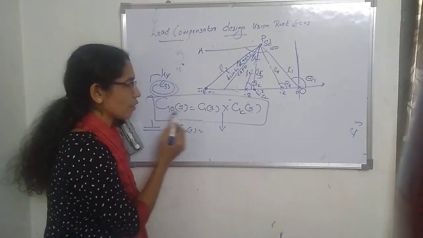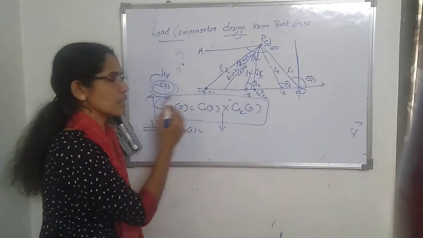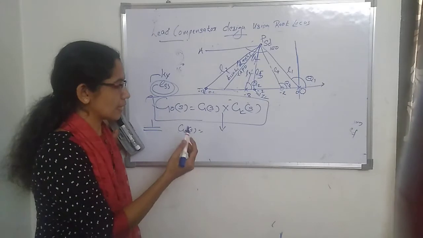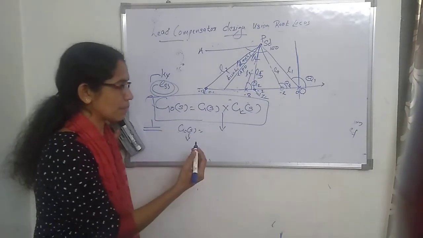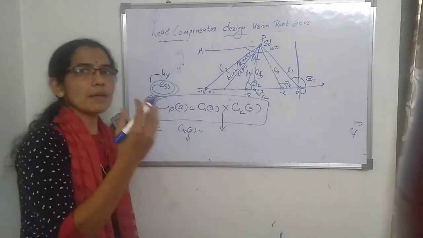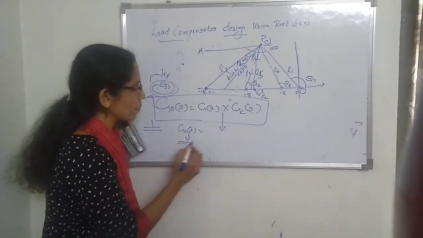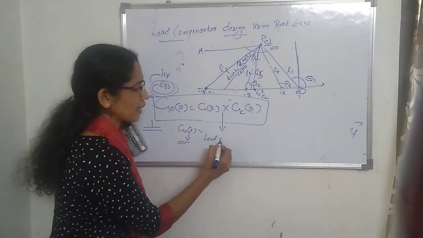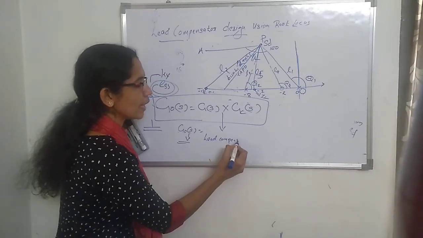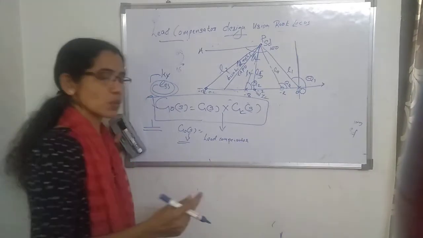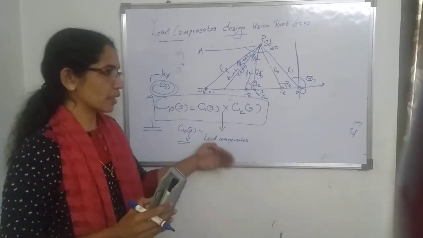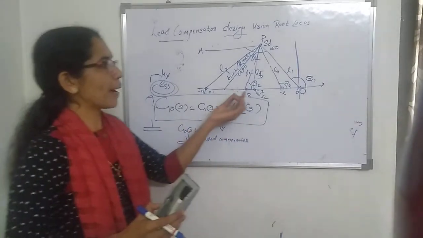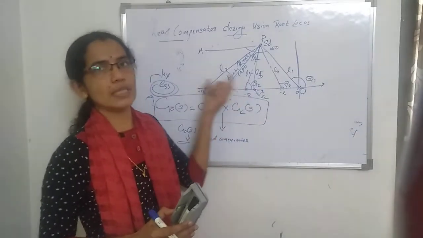So G naught of S equal to G of S into GC of S is the open loop transfer function of the compensated system. And finally, check whether the system is acceptable and it achieves the desired performance. That is the last step of the lead compensator design. If the lead compensator does not satisfy the requirement, we need to redesign the system by changing the positions of poles and zeros.